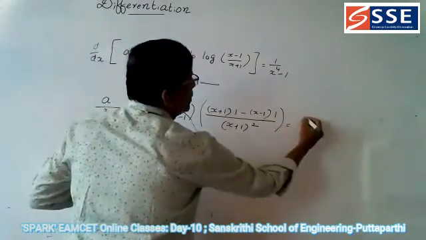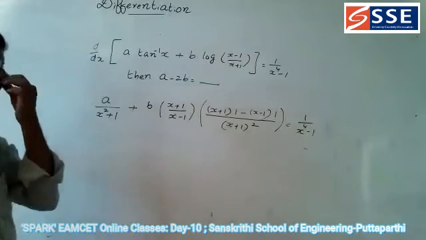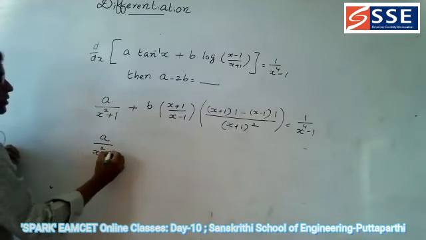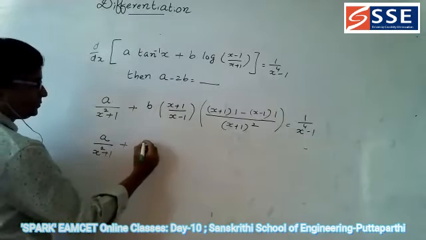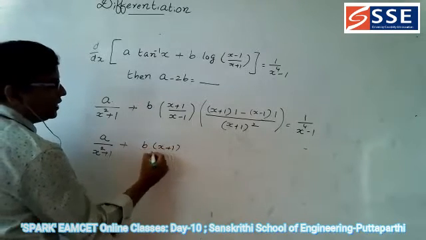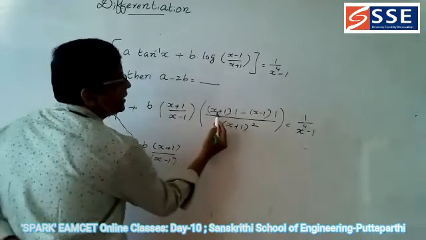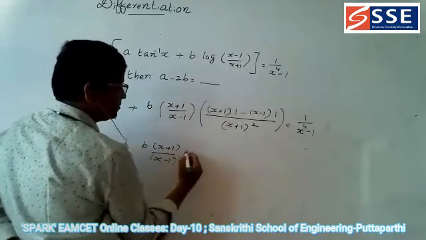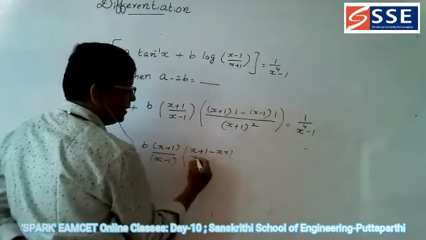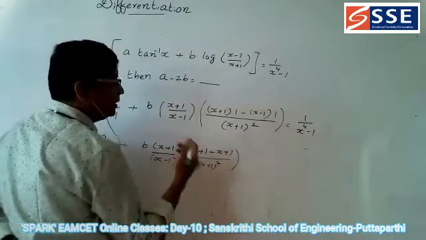Is equal to what is given, 1 by x power 4 minus 1. Simplify it. A by x square plus 1 plus b into x plus 1 divided by x minus 1. Now you simplify it. x plus 1 into this one, x plus 1 only, minus x plus 1, divided by x plus 1 whole square. Okay.